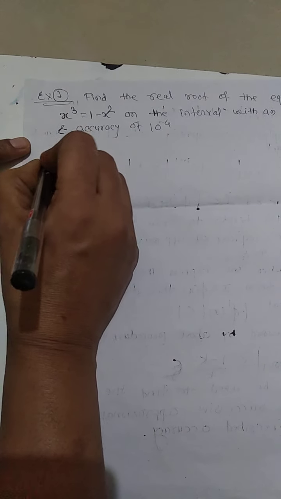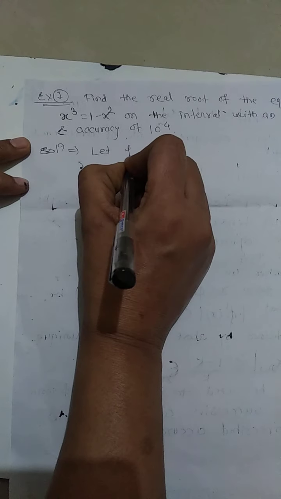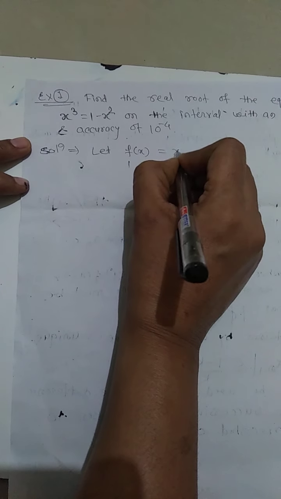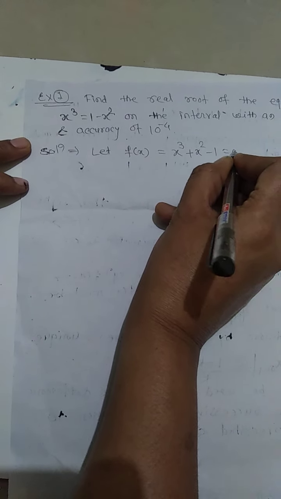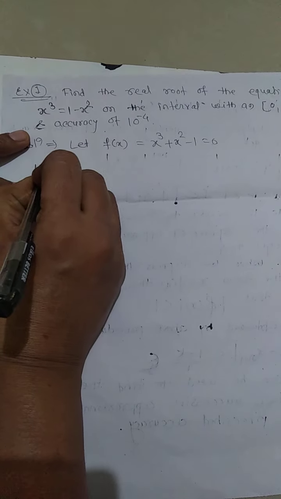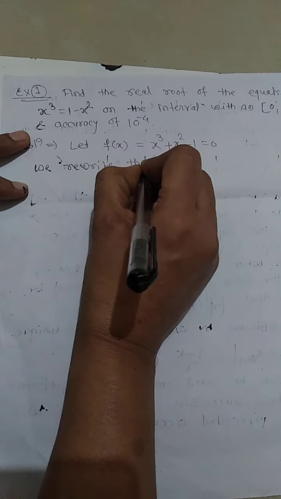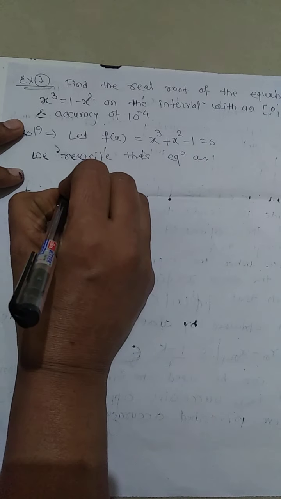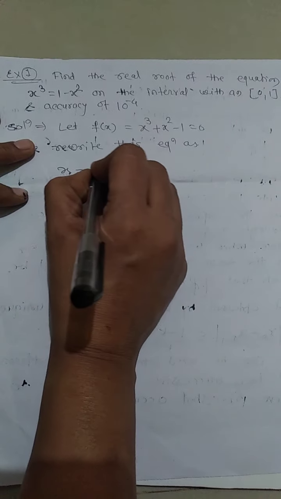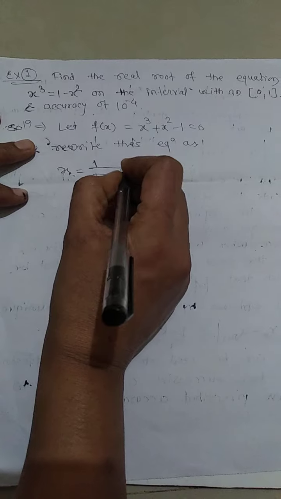First write the given problem, given function, solution. Let f of x is equal to x cubed plus x squared minus 1 is equal to 0. We rewrite this equation as x is equal to 1 upon under root of x plus 1.